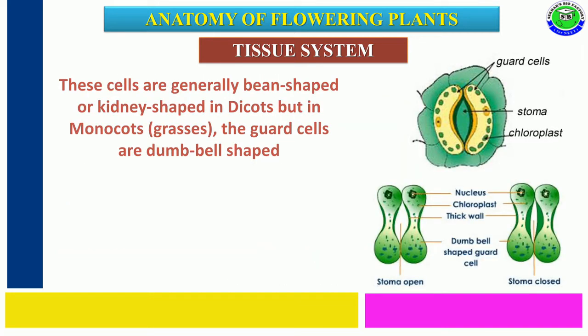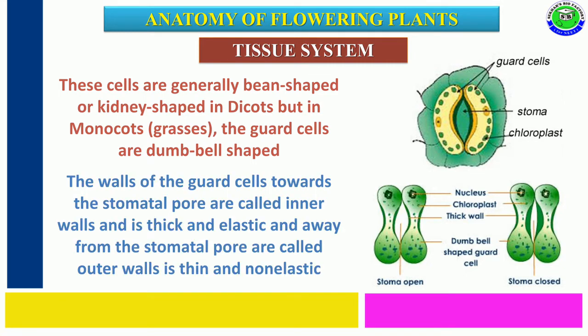In the structure of guard cells, we can observe their shape. In dicotyledon plants, the guard cells are either bean shaped or kidney shaped. But in monocots like grasses, the guard cells are dumbbell shaped.